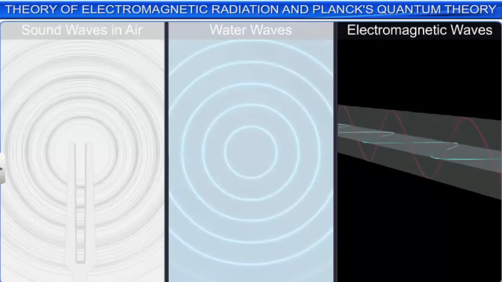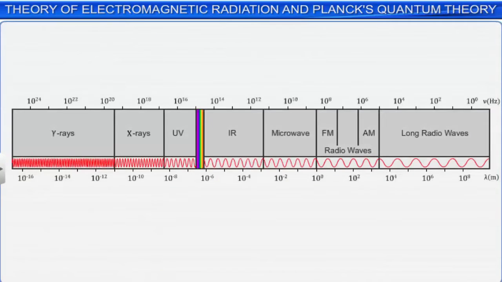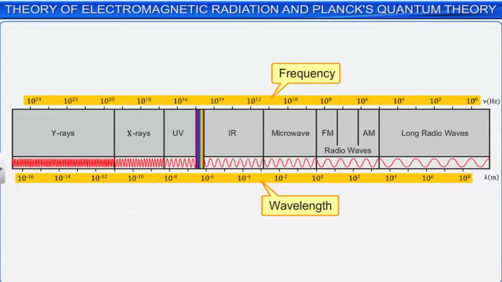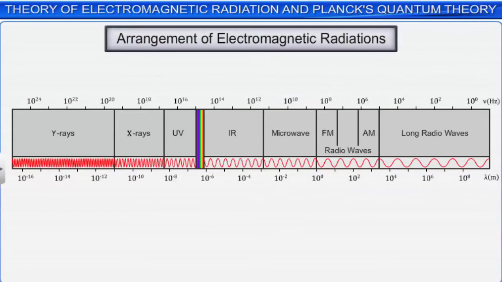All electromagnetic waves travel with the same velocity but differ from one another in wavelength, and therefore in frequency.